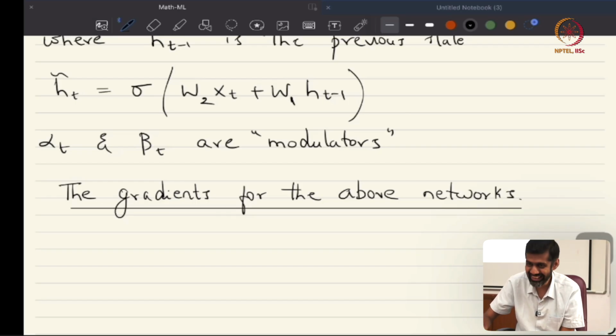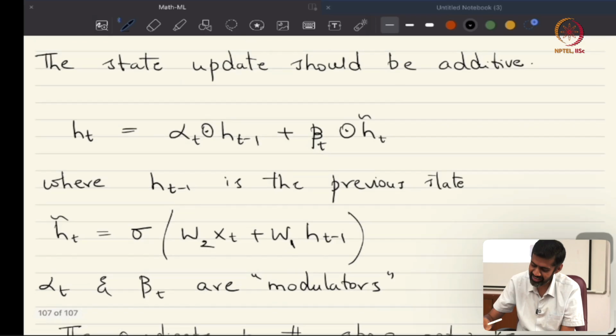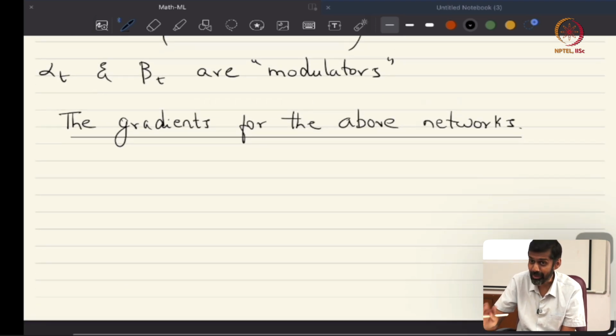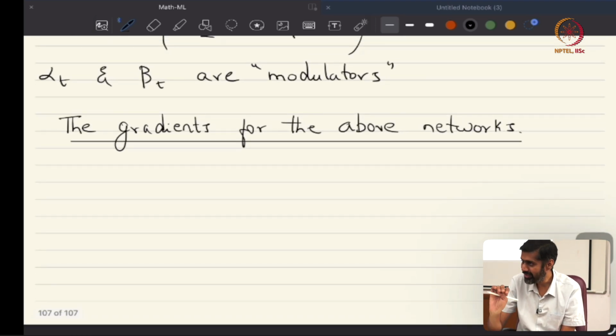LSTM stands for long short-term memory networks. There's a long-term memory and a short-term memory. This h_t tilde is the short-term memory, h_{t-1} is the long-term memory, and so on. It's Schmidhuber's idea. So just go and look at the LSTM equations and convince yourself that this is a special case of whatever I've written here. The power of abstraction: always abstract, so that everything in the world becomes a special case.